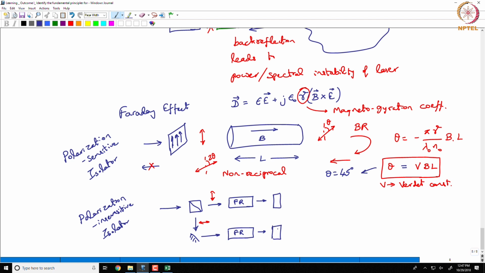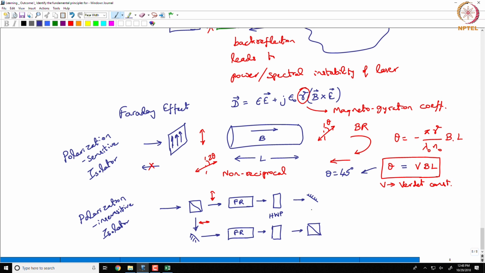Then I would go through a half wave plate. The half wave plate would rotate the input polarization; it is set such that it rotates the polarization by a further 90 degrees. Why that is needed is because of this particular configuration that we have.